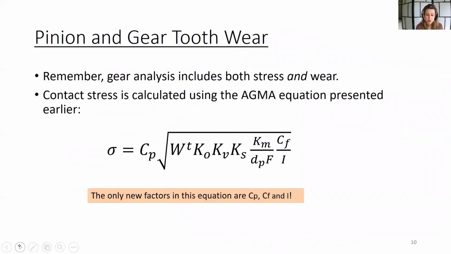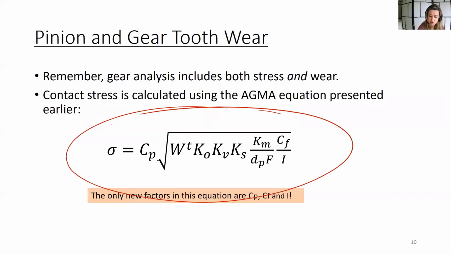All right, pinion and gear tooth wear. Gear analysis includes both stress and wear, and contact stress, which is the second type of stress we want to talk about, is calculated using the AGMA equation presented earlier. Here it is. This will live in your analysis tool. Note that the only new factors in this equation are CP, CF, and I, which is really nice.